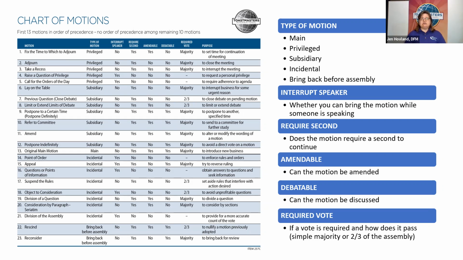If you notice on the chart of motions, it does mention that the first 13 are in order of precedence. So if something is farther down, the higher up in the schedule takes precedence. I apologize if you hear my dog barking in the background. He's not happy. Adjournment, we know. Recess, we understand what that means. Raise a question of privilege.